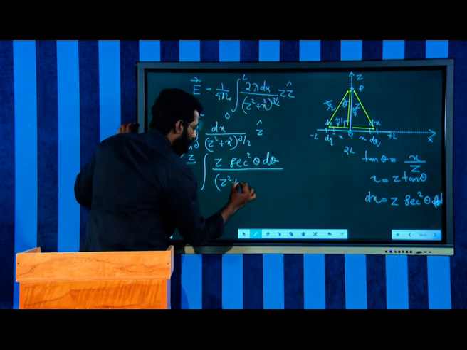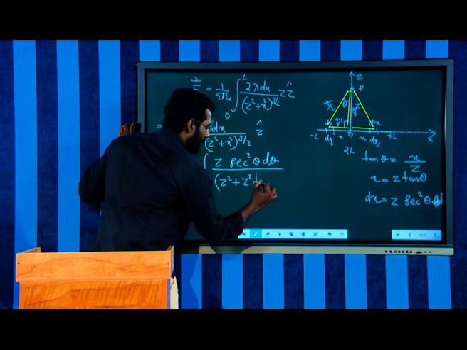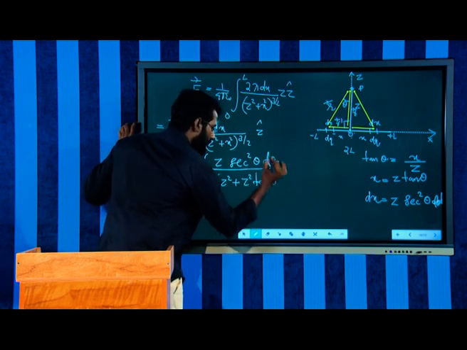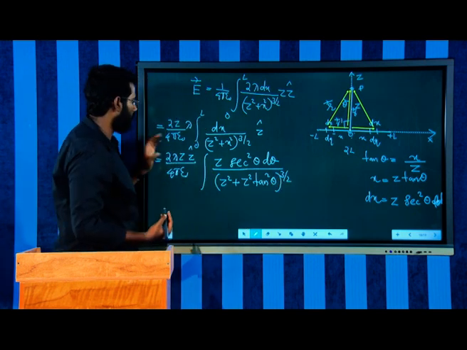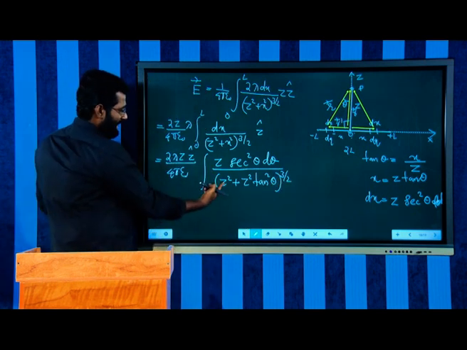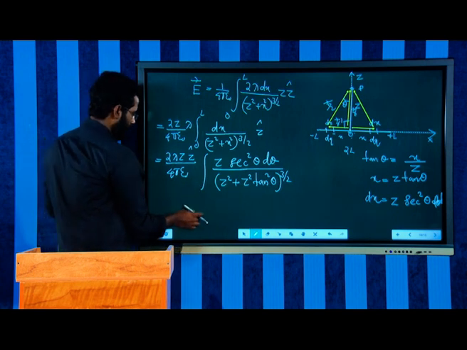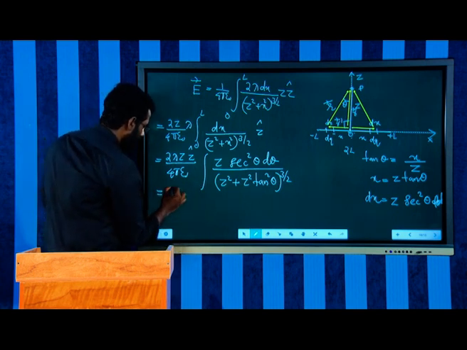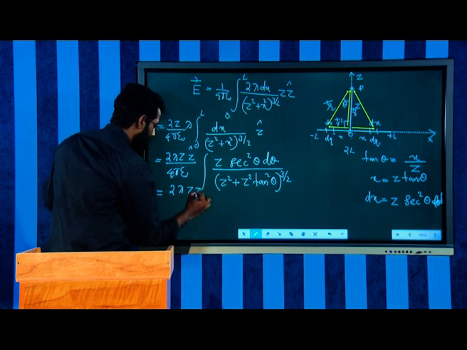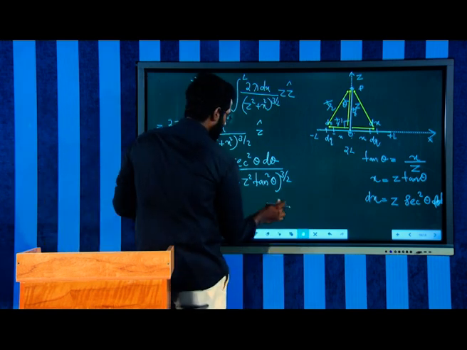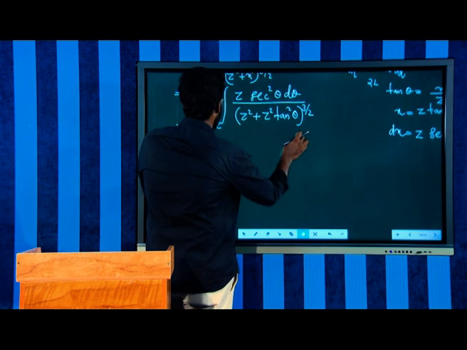So, z square plus z square tan square theta the whole raised to 3 by 2. Now we can take a z square outside. So, this is equal to 2 lambda z into z cap.